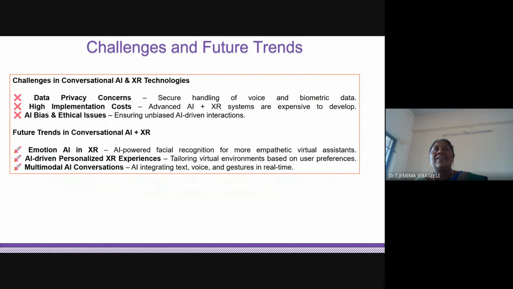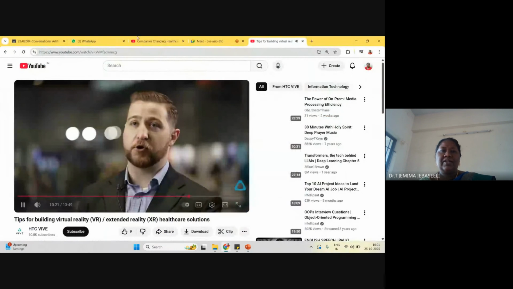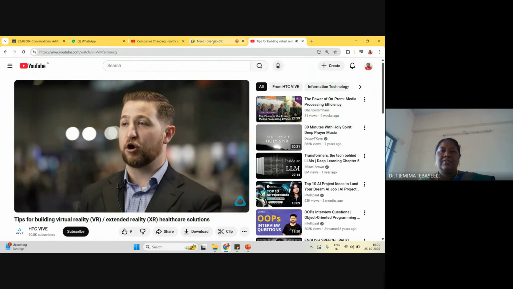If you wear the VR glasses, it gives all the information in different perspectives and views, and with the help of it you can know more about the particular house and decide whether you want to buy it or not. This is how you can create these kinds of applications by integrating XR into conversational AI. That's all about today's session.